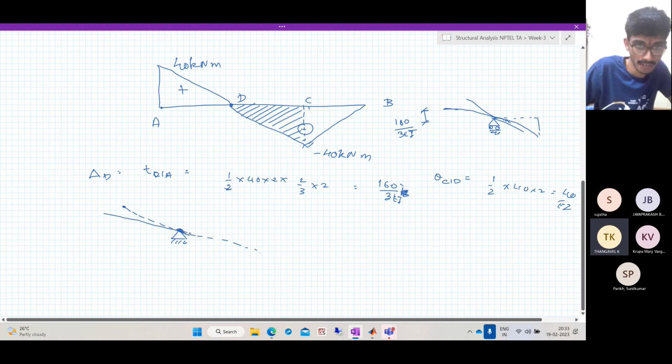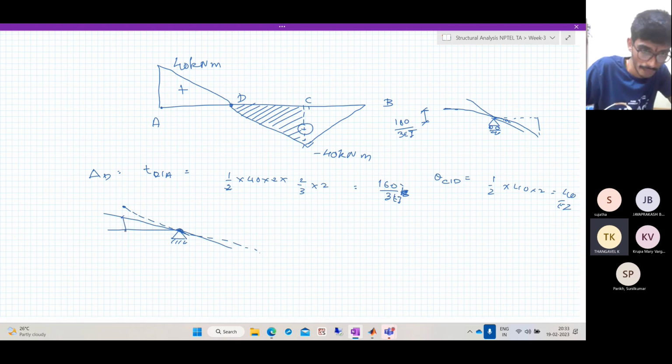Let us find theta C. So this is theta C. So we found theta C with respect to B, and theta C with respect to D, that is the slope with respect to D.